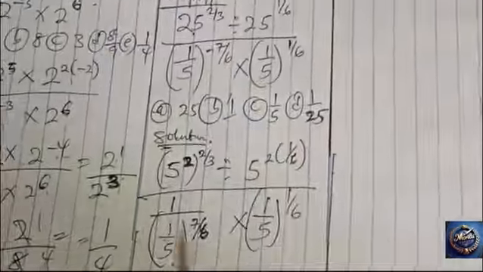I want to go back to this again before I now simplify it. It says 1 all over 5 raised to power minus 7 over 6 times 1 all over 5 raised to the power 1 over 6. So I'll come back here.